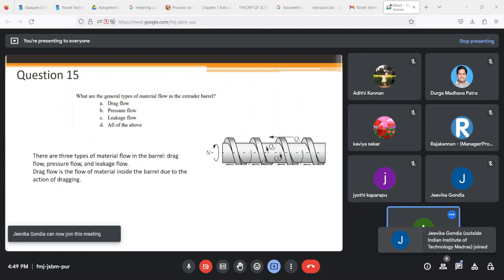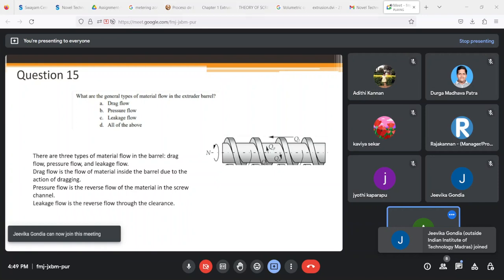So basically the rotation of the screw will drag the food particles closer to it, and this represents the drag flow. The second one is the pressure flow, which is the reverse flow of the drag. Whichever direction the screw rotates, the same direction will be your drag flow, and the opposite direction will be your pressure flow.